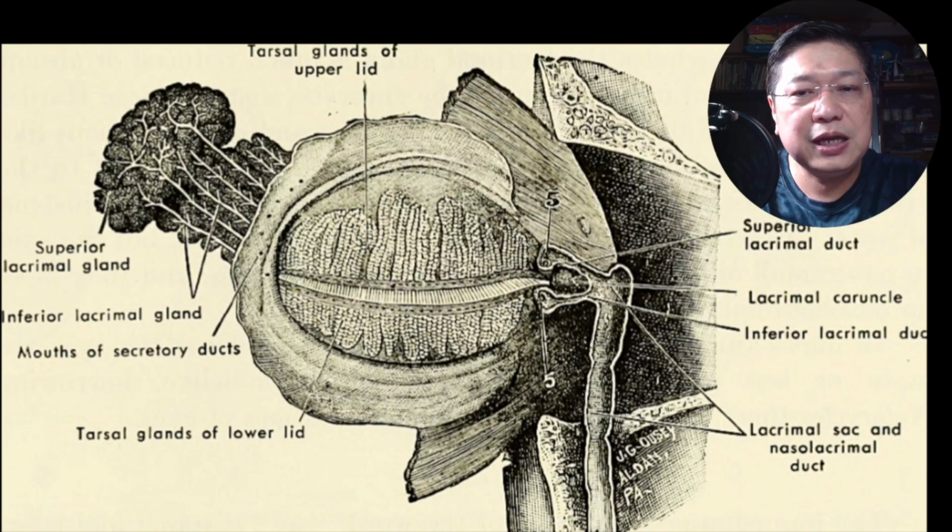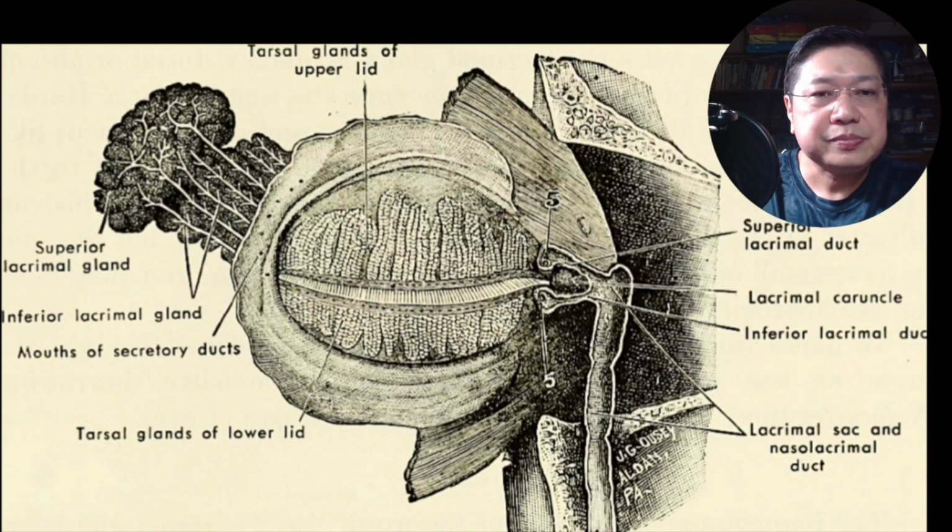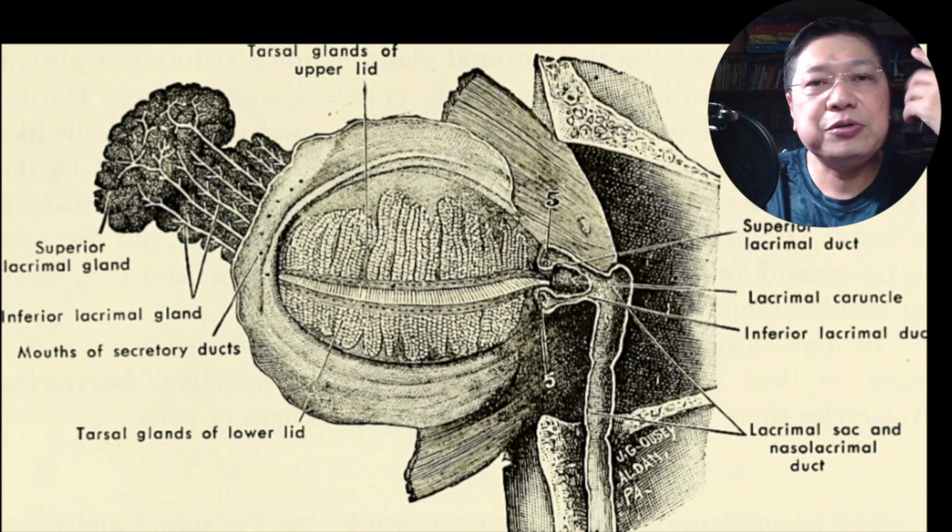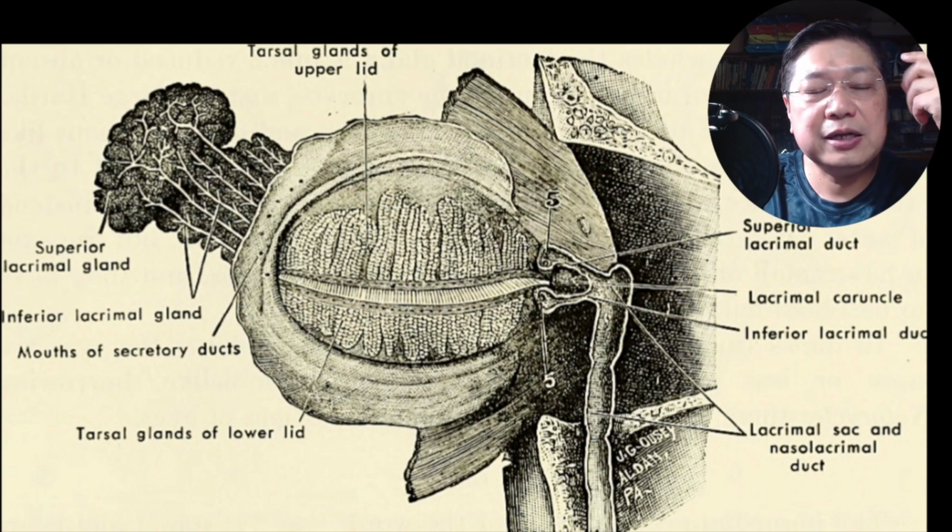Okay, lacrimal complex. This is basically where your tears are produced and drained. So it's produced all the way here in the superior lacrimal gland. You also have another gland in the orbit and in the eyelids. It drains into the outermost portion of your eye, on the uppermost, outermost part of your eye.